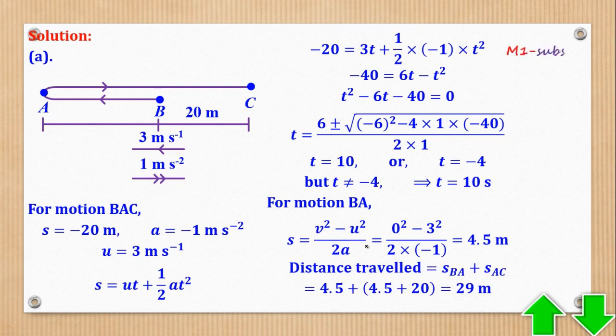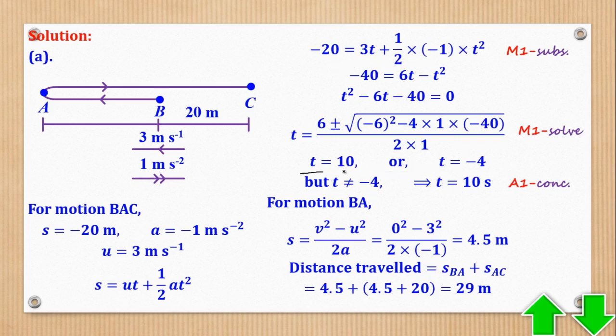Let's first see how marks were distributed. So this is for substitution for S, U, and A. Then showing the method of solving the quadratic. And the conclusion. Conclusion means here you get two values, but you have to eliminate the negative and take the positive.